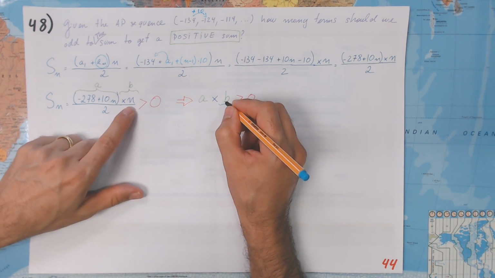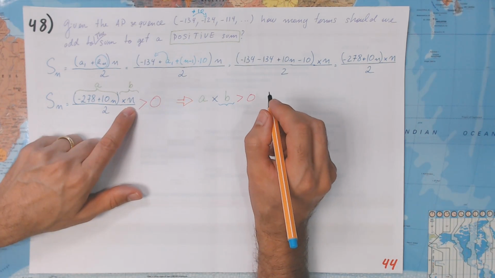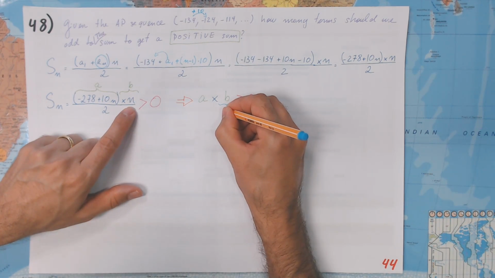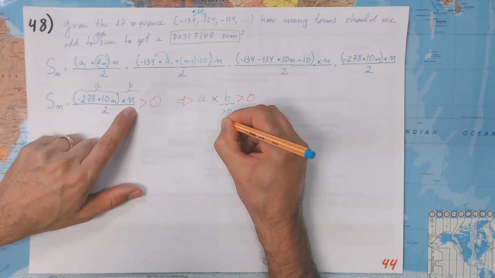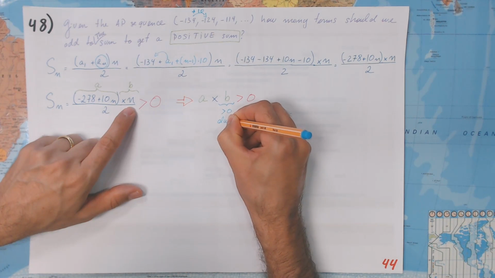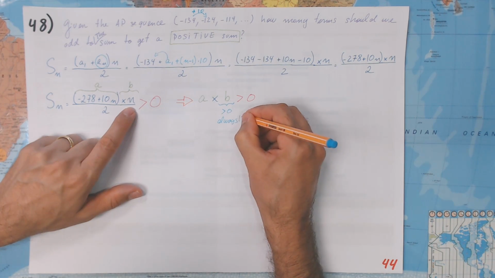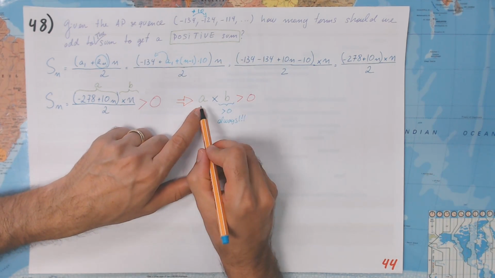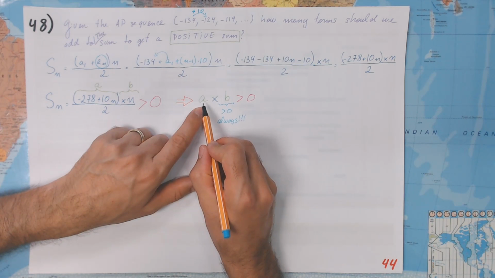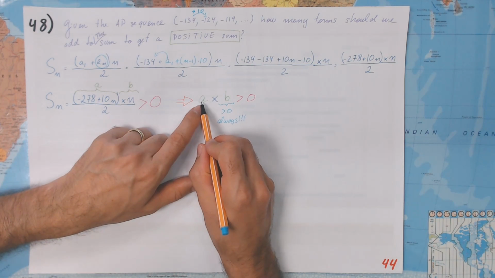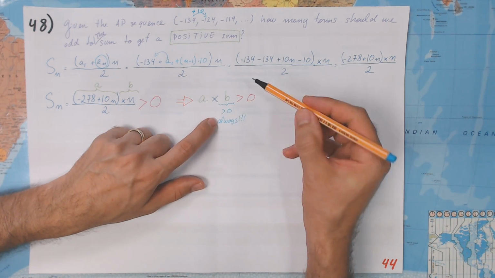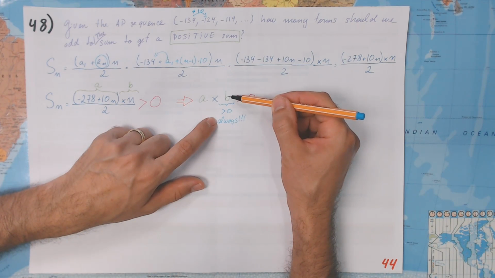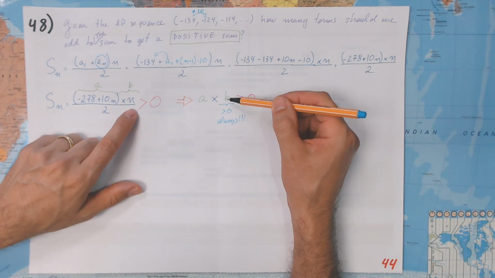Why? Because we cannot have n with negative values. This is going to be always greater than 0. Always. Now, what I must be certain is that that one is also greater than 0, because this one is always going to be greater than 0. There is no other way around.